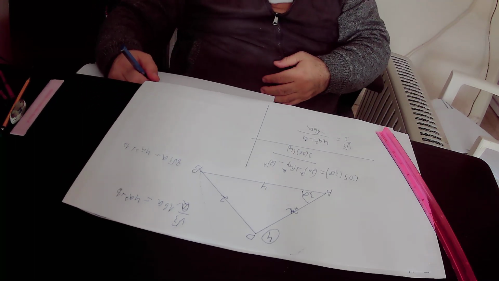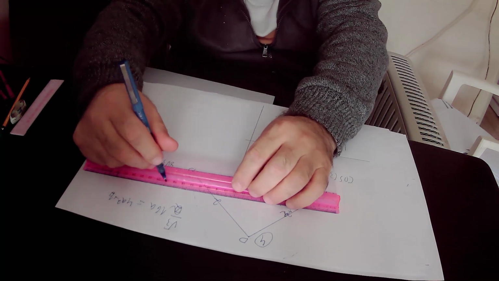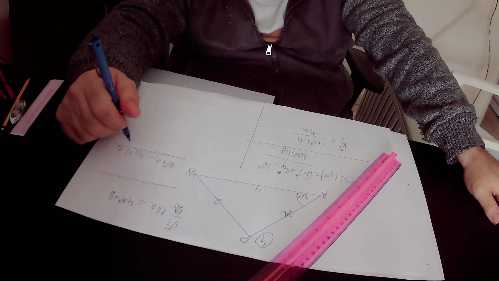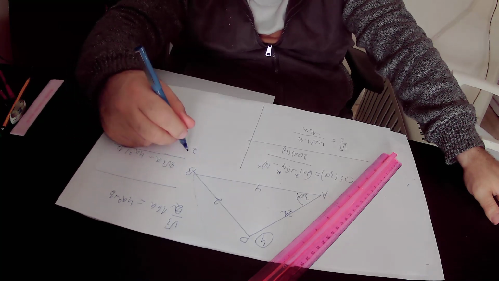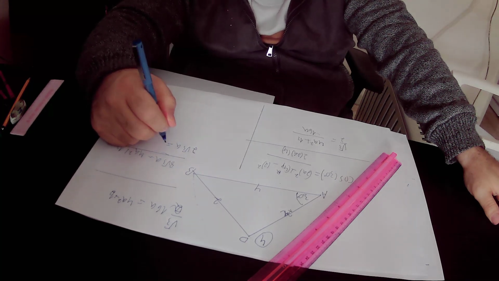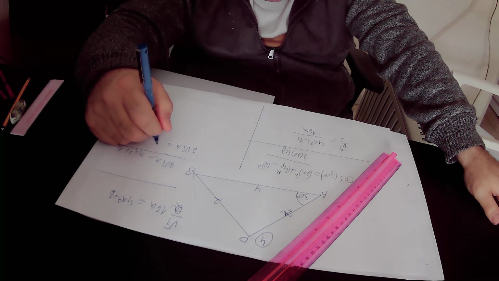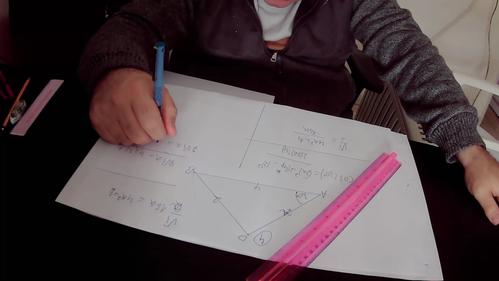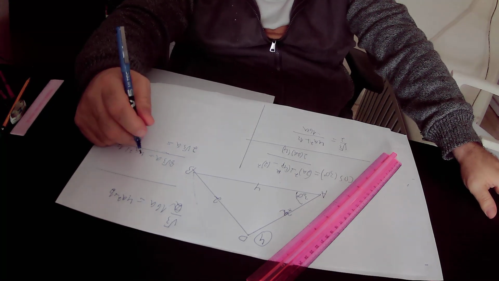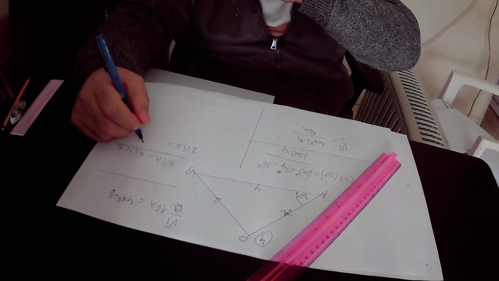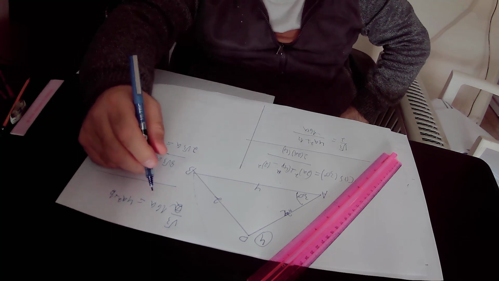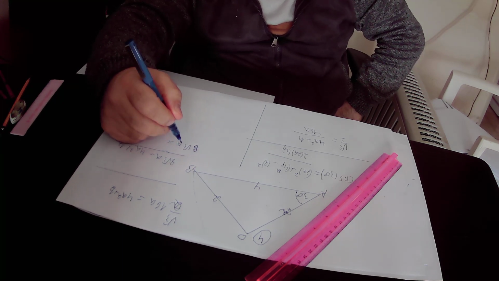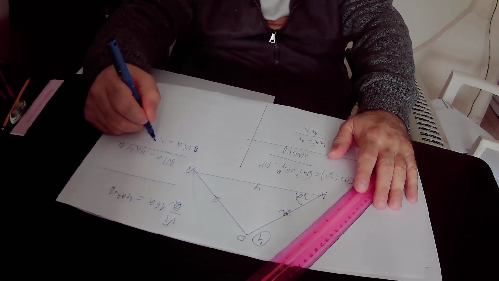Here we will divide this equation by 4. Actually, here we got 16 over 2 is 8, so it is actually 8 times square root of 3 times a equals 4a squared plus 12.